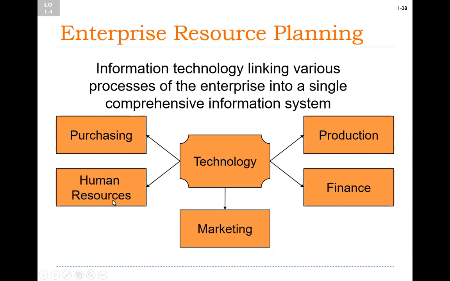Marketing gets the right address. We're talking about employees for human resources. Someone working in the production department doesn't need the social security number of the employees, but the finance department does, so they can do those W-2s at the end of the year. Everybody gets access to the information that they need, and it does an excellent job of reducing data redundancy.